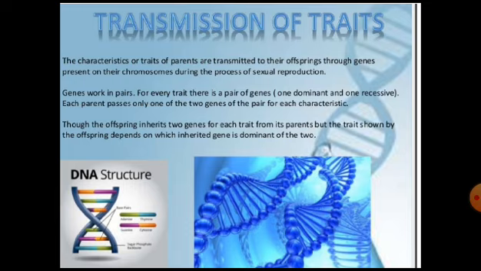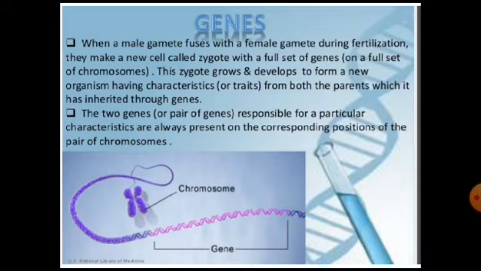Each parent passes only one of the two genes of the pair for each characteristic. Though the offspring inherits two genes for each trait from its parents, the traits shown by the offspring depend on which inherited gene is dominant of the two. Here the variation comes into effect.